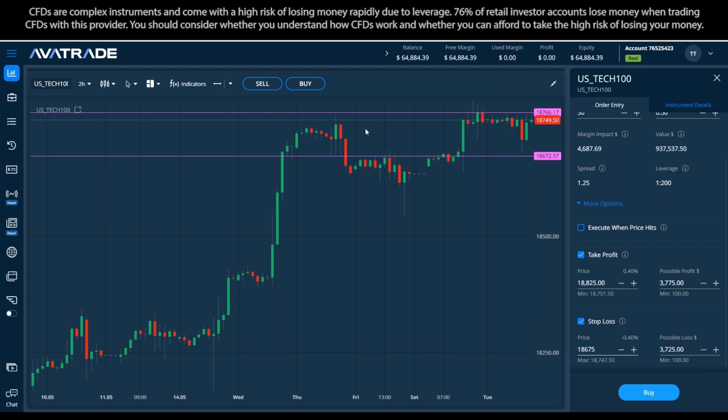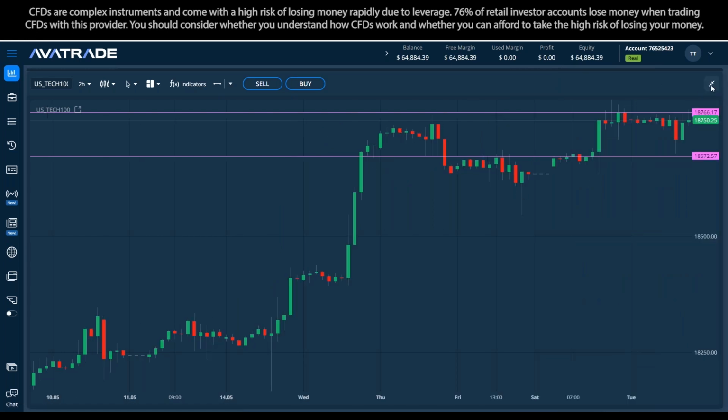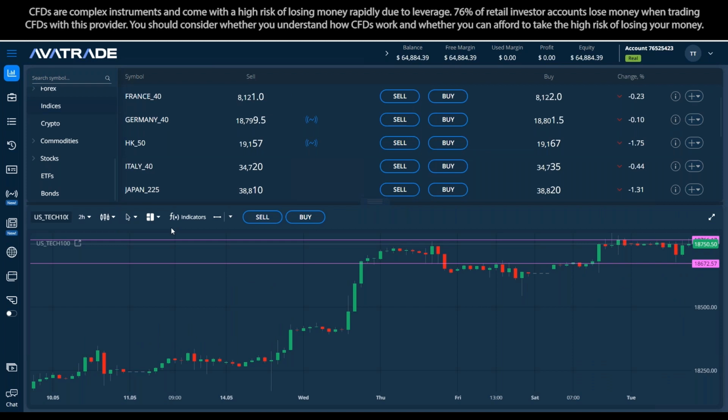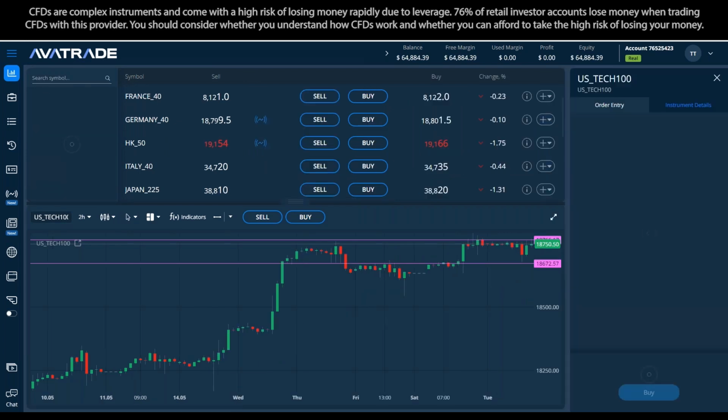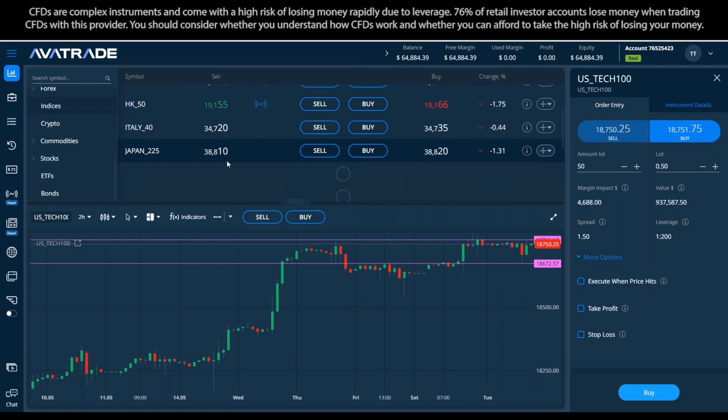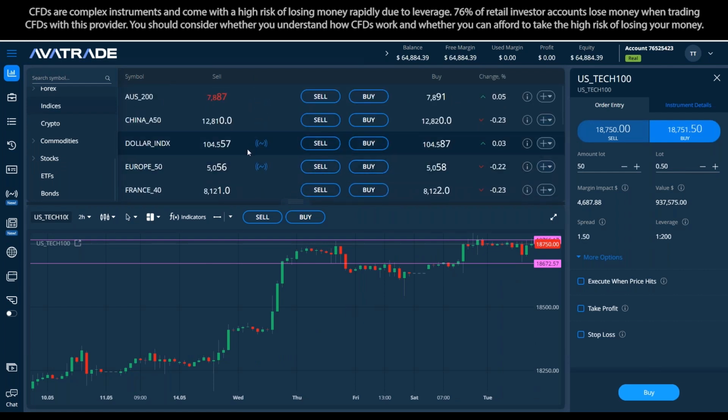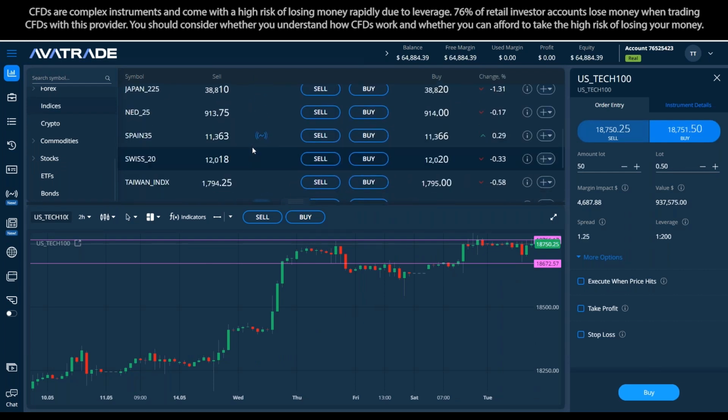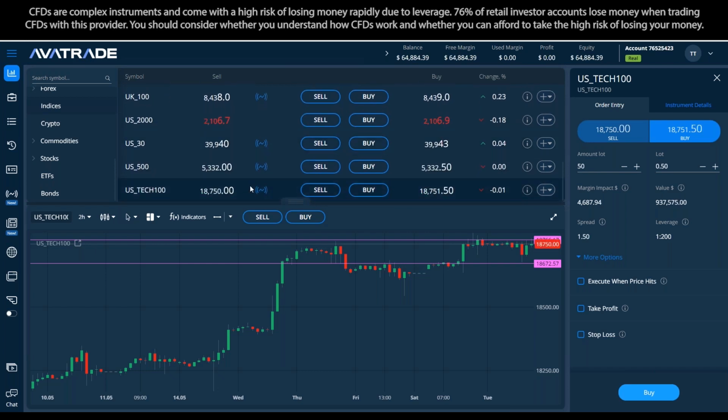Okay, and we can always go back and check that signal. If I bring that signal up again, then we can take a look and see exactly where the pivot level is on there.